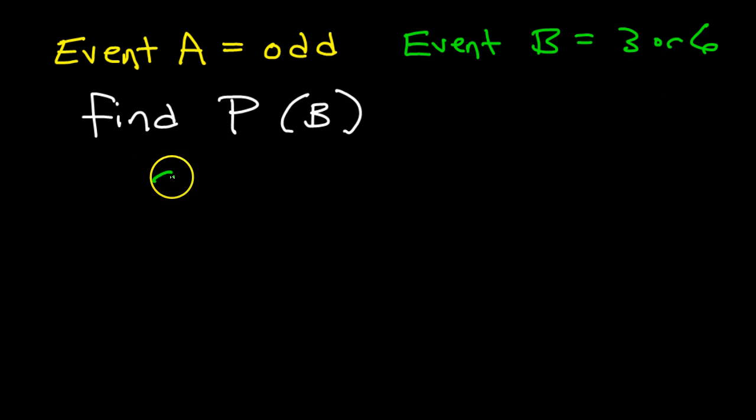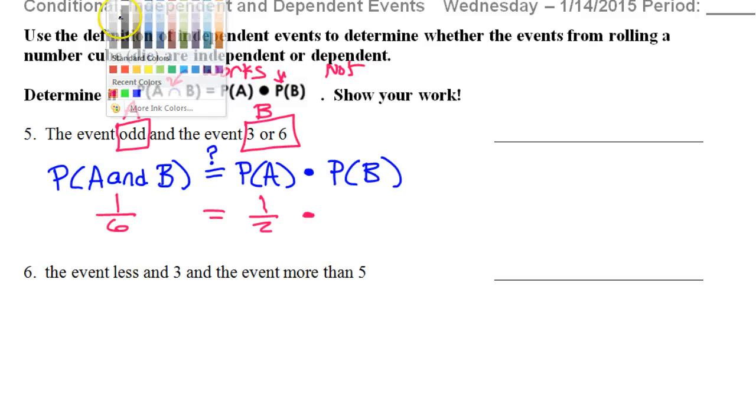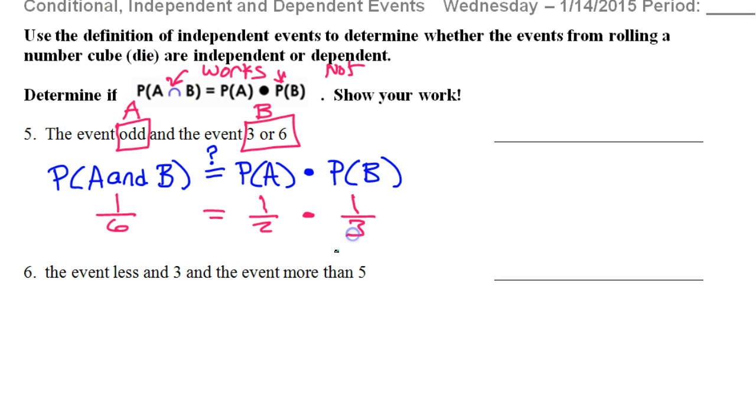Well, there are 2 ways, 2 targets out of a total of 6 numbers on the cube. So that reduces down to 1/3 if I divide both of these by 2. So the probability of B by itself is 1/3. Let's write that down. 1/3.